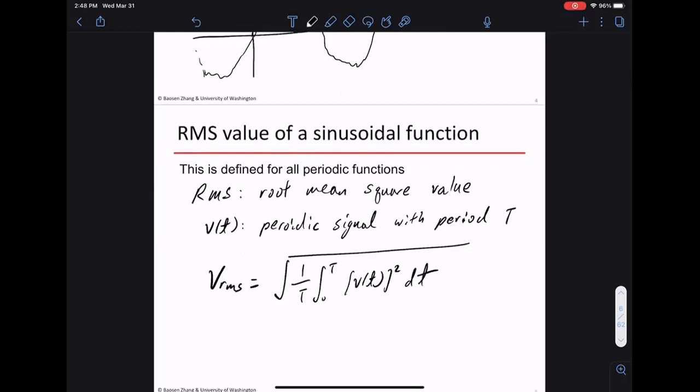So you square it, you integrate it, then you divide by T, that's taking a mean, and you take the square root of this. This is defined for all periodic signals.